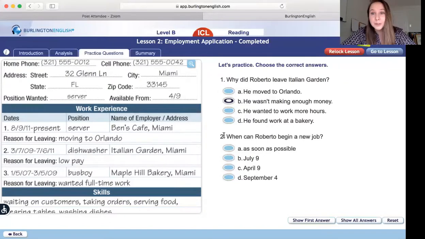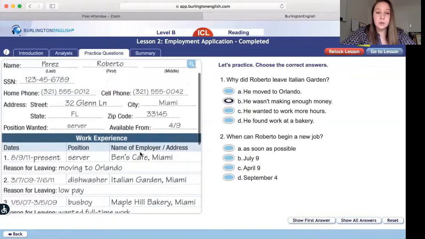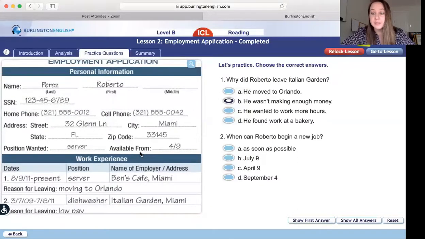So let's look at number 2. Let's look at this again. Number 2, when can Roberto begin a new job? When can he begin a new job? So this might be something that's a little bit different from job applications in your home country or in other countries that you have worked in.